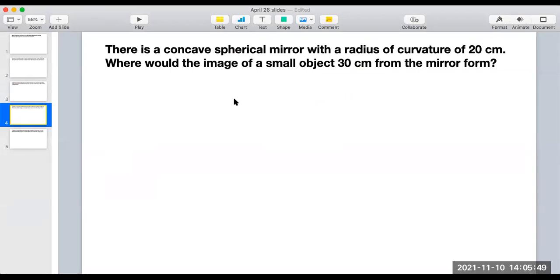So set it up, see if you can go through the numbers. And remember, this is the radius of curvature, not the focal length.